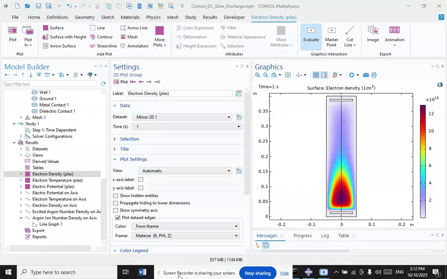Electron relaxation length in low pressure discharge is comparable with discharge size, unlike under moderate pressure where it is much smaller. The electron energy distribution function is determined by the electric field distribution in the entire region in the low pressure discharge. In moderate pressure discharge, it is determined by the local electric field.